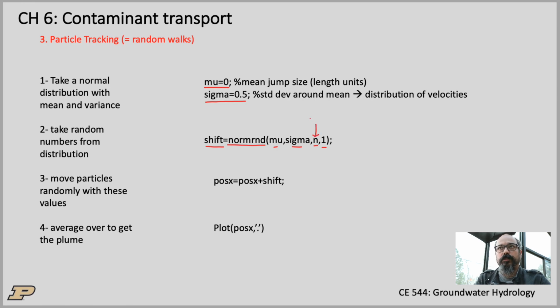N would be the number of particles that you're simulating. Then we move the particles for each time step. For time t plus 1, the new position x is the old position x plus the shift that we just picked.